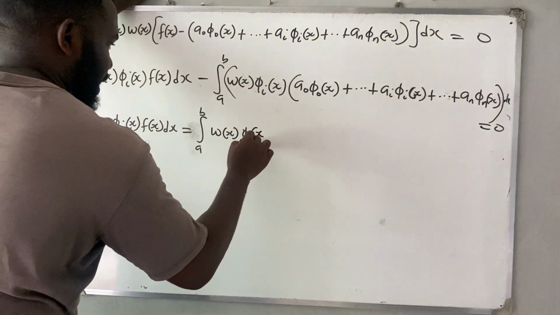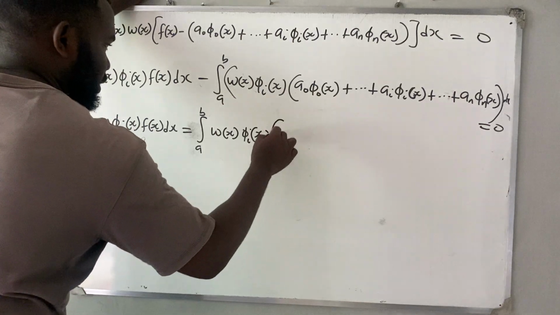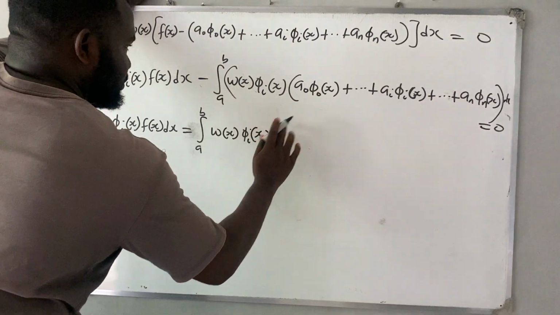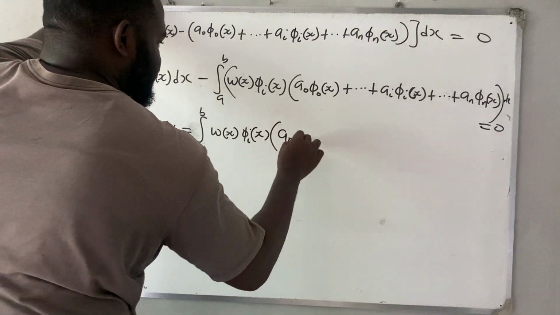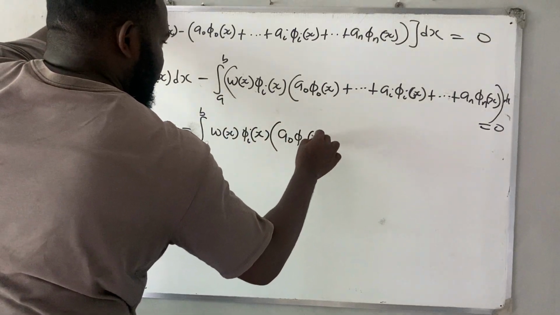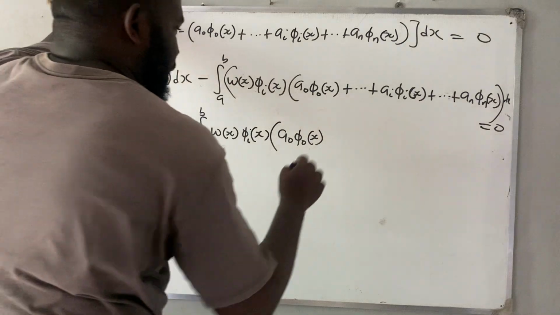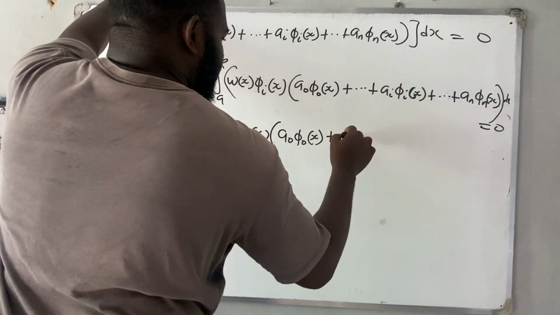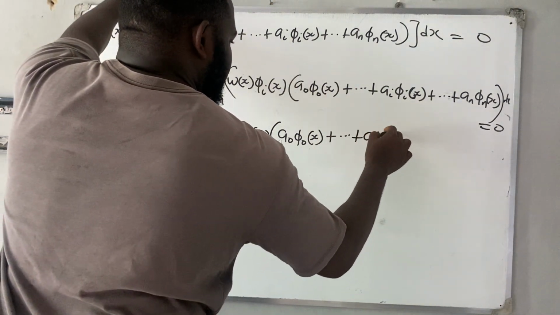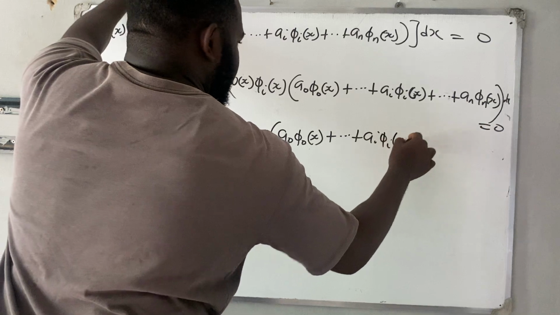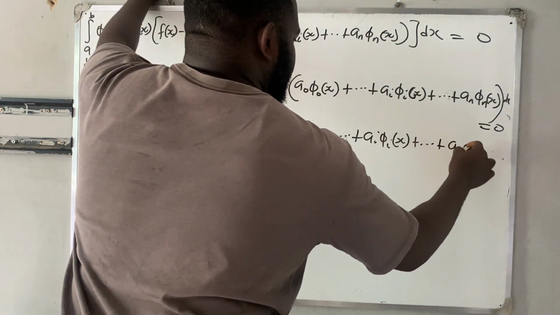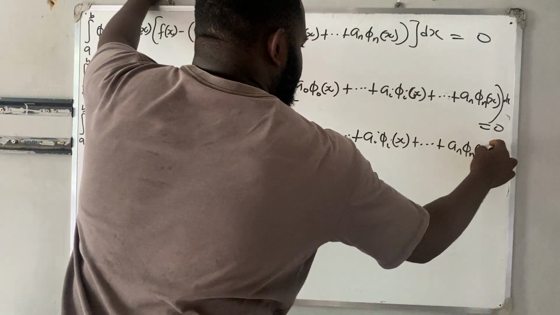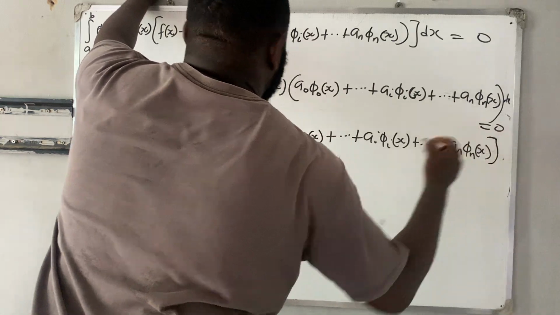Weight function of x into a naught phi naught of x, plus dot dot dot plus a i phi i of x plus dot dot dot plus a n phi n of x, you close.